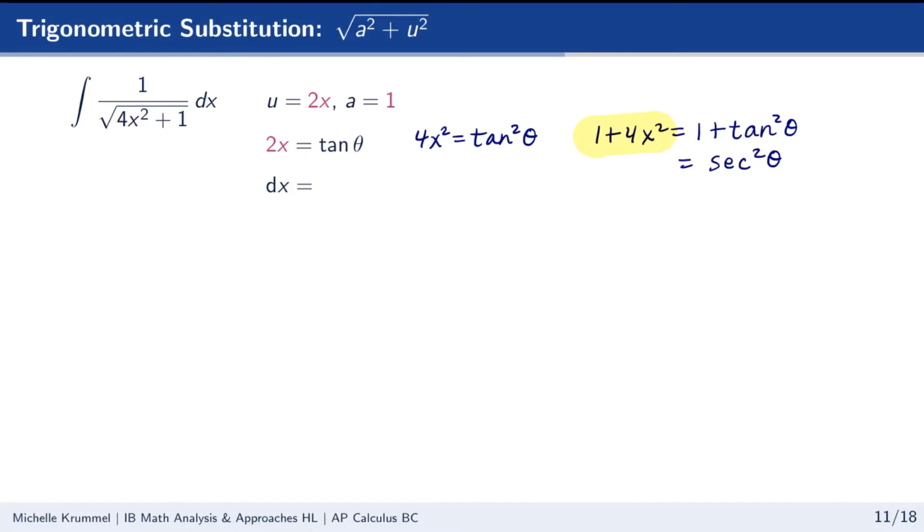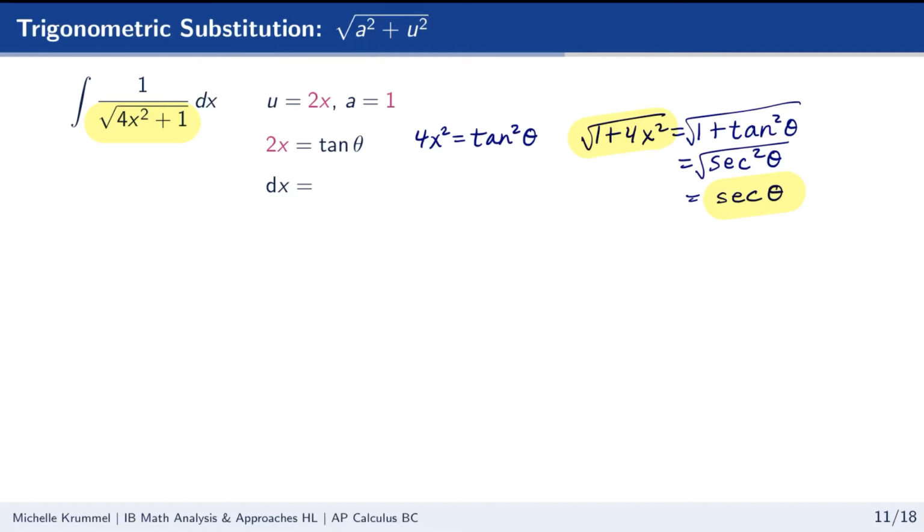You can say the square root of this equals secant theta. Again, we're not worried about what quadrant we're working in because we're going to do a reverse substitution in the end. So now you could just say, well, I'm going to replace this entire thing, square root of 1 plus 4x squared, with secant theta. So we have a plan for the square root of 4x squared plus 1. That's going to get replaced with secant theta.